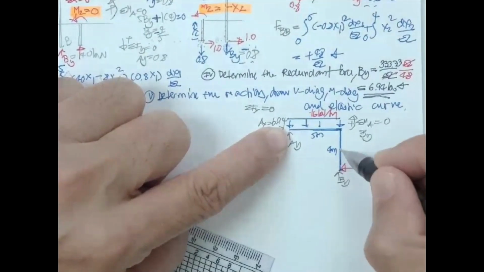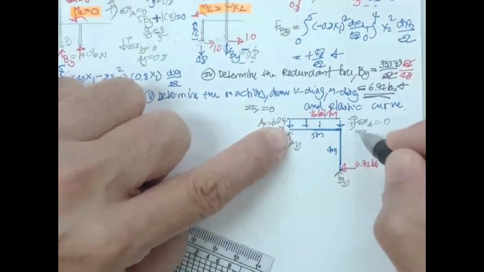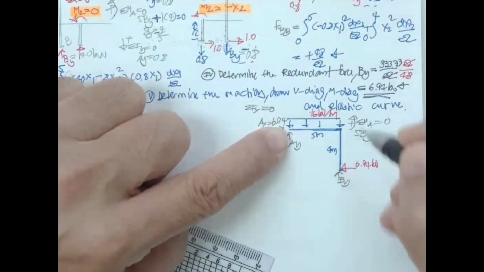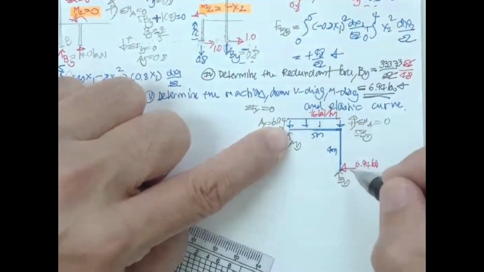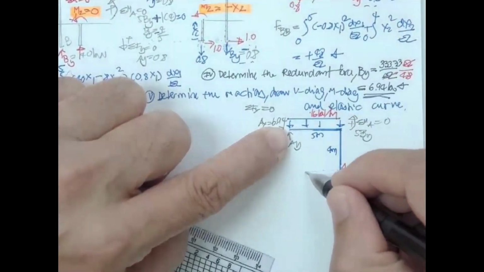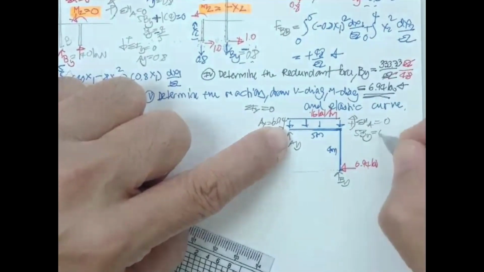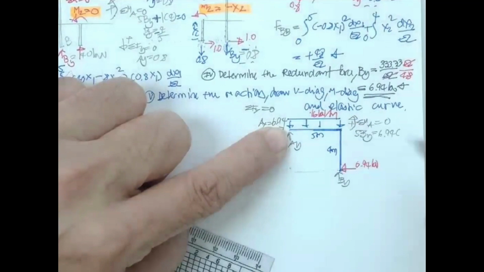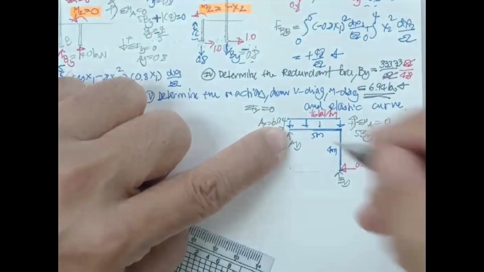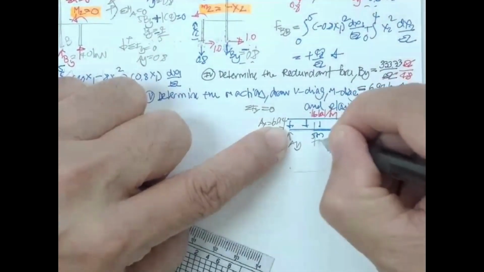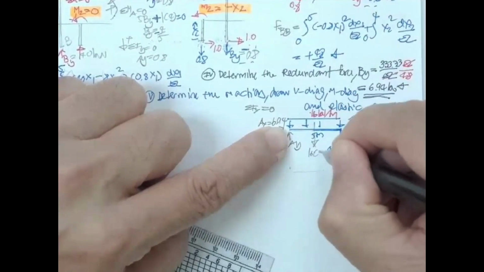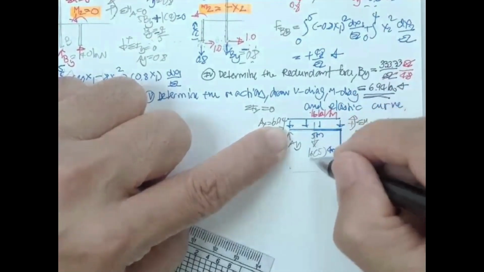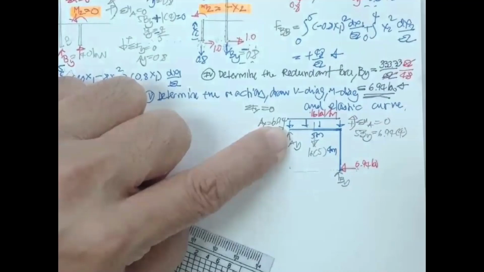Okay. And then if you summation moment about A equal to 0, B sub Y rotate in this direction. B sub Y, the line of action over here, times 5, rotate in this direction. And then this one rotate in the opposite direction, 6.94 times the distance of 4. And then we have this force of 16 times 5 rotate in the same direction of this force. So it's gonna be 16 times 5.